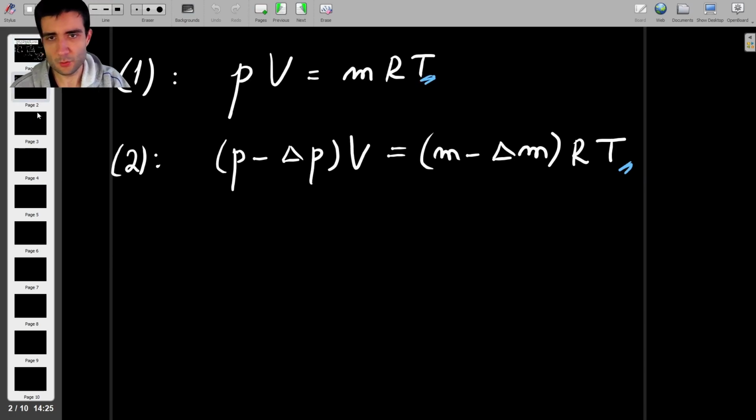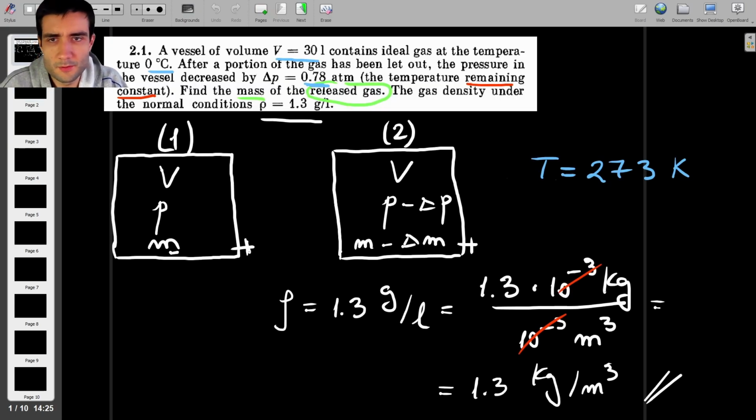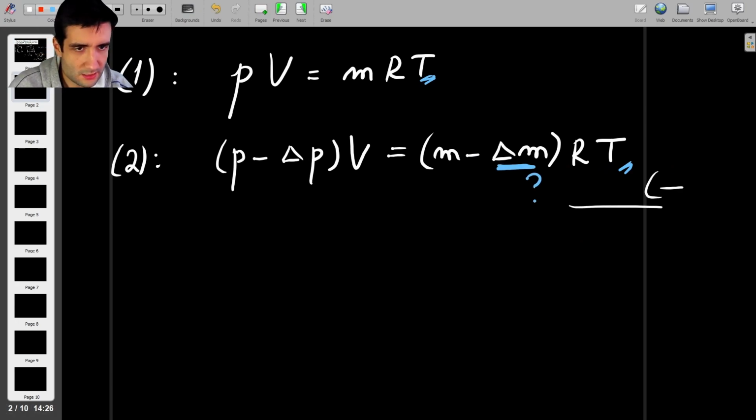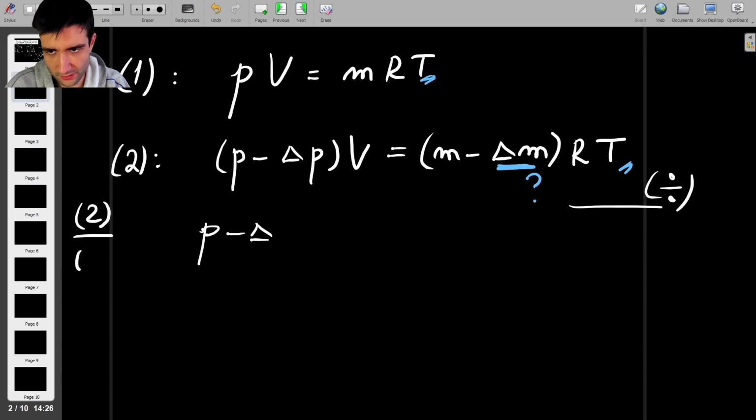So let's see how we can use this to find the mass of the released gas. Basically we just try to find this value here. What I'll do is just divide one equation by the other. That's the easiest way to approach this. So I'm going to do equation 2 over equation 1.